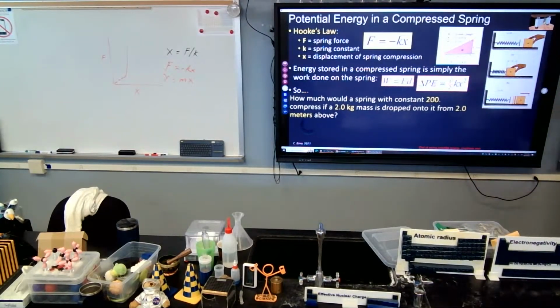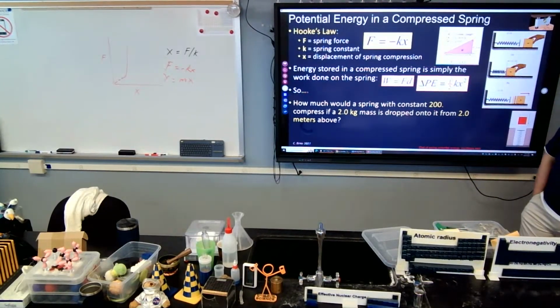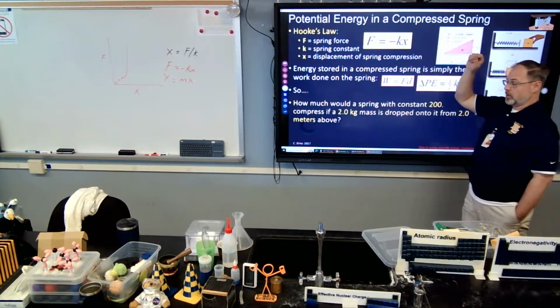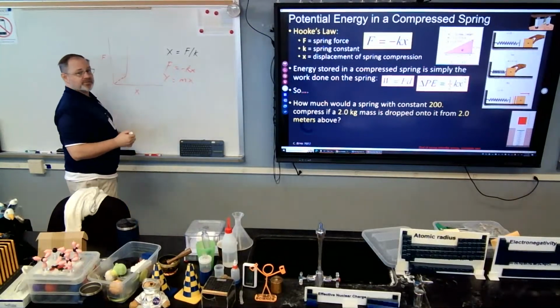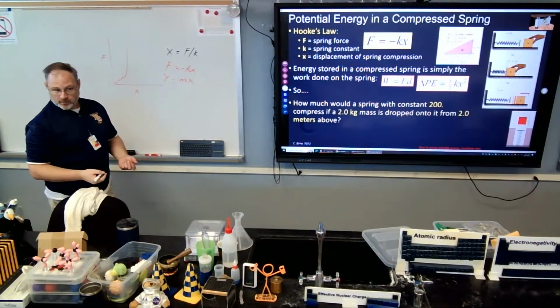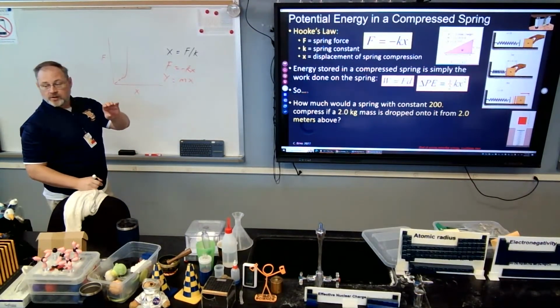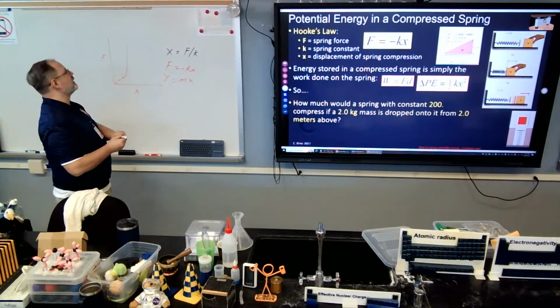All right, so take a look at this. How much would a spring with a constant of 200, by the way, I keep forgetting to change the units. Do you know what the units of a spring constant are? Well, remember, context clues. In math and science, units always have to cancel. Not only do the numbers have to be equal, the units have to be equal too.